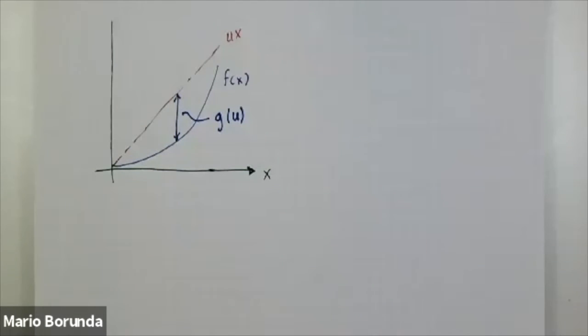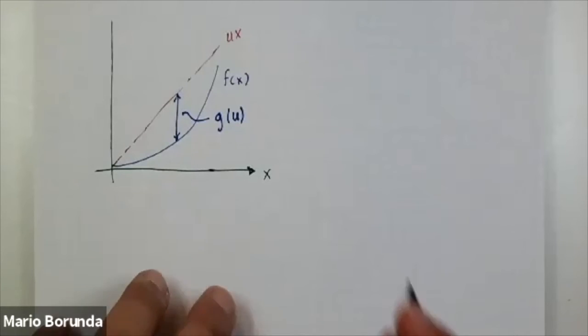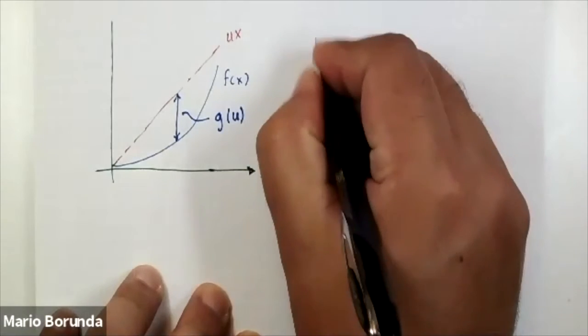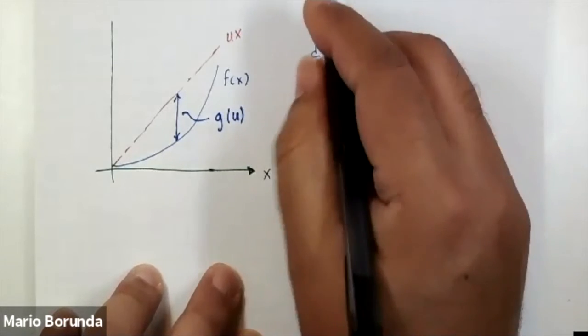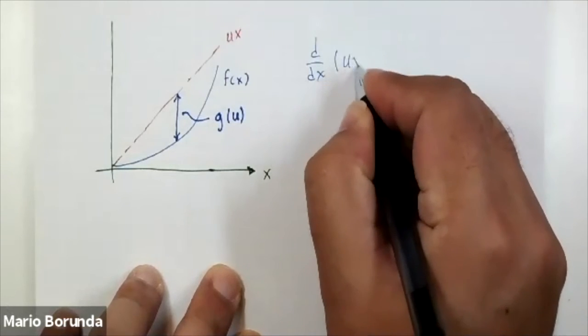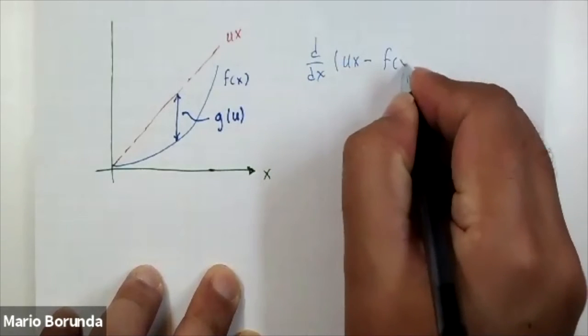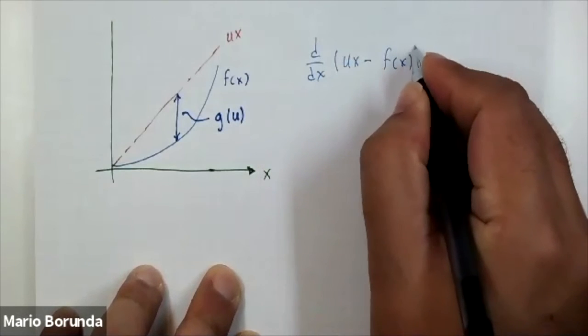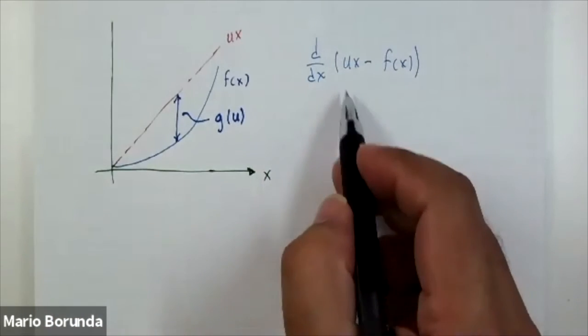So if you want to have more than this picture, what this distance actually means in this case is this: the derivative with respect to x of u x minus f of x. So that's my g of u, right?